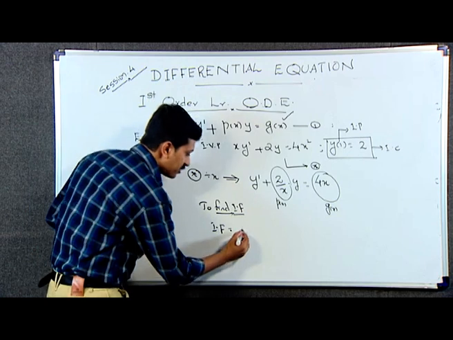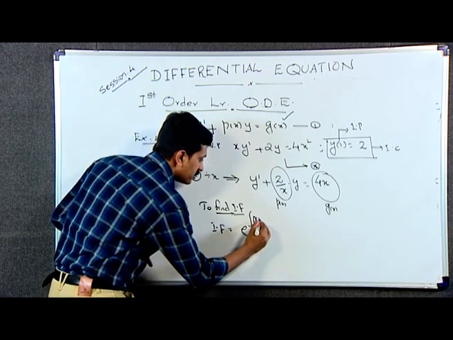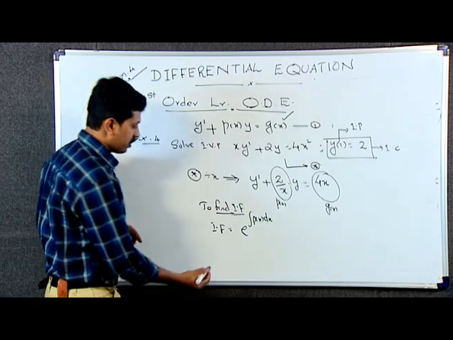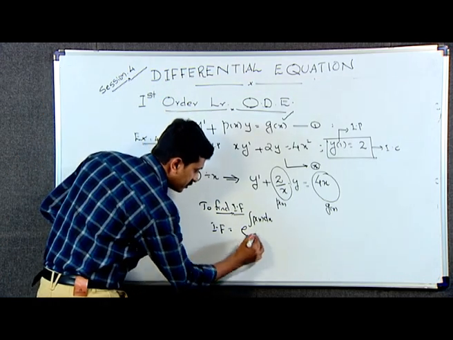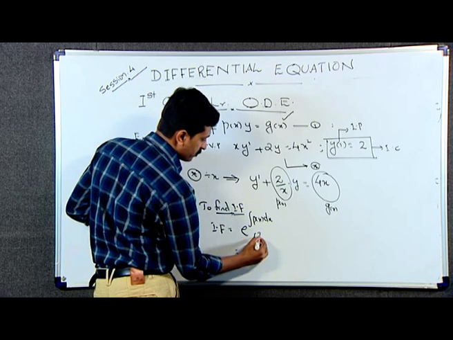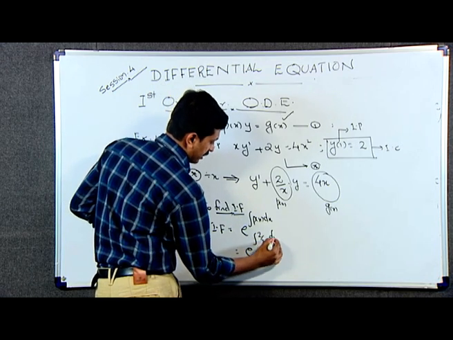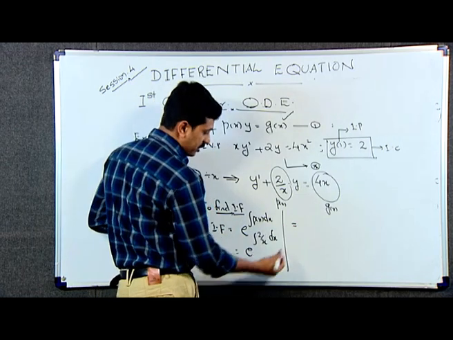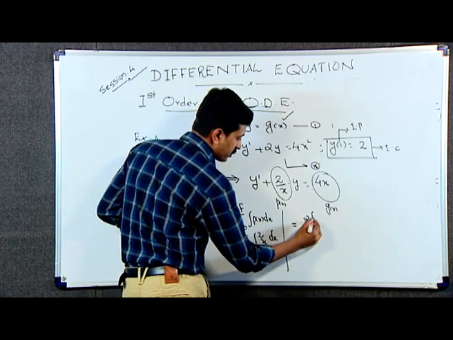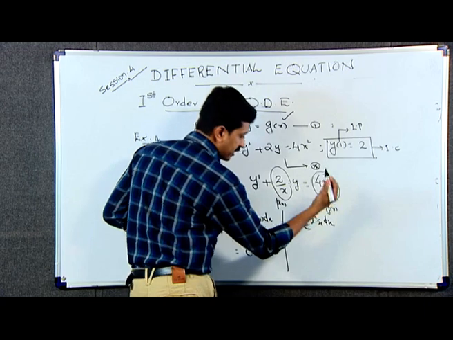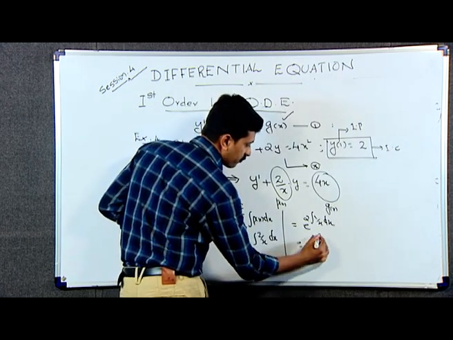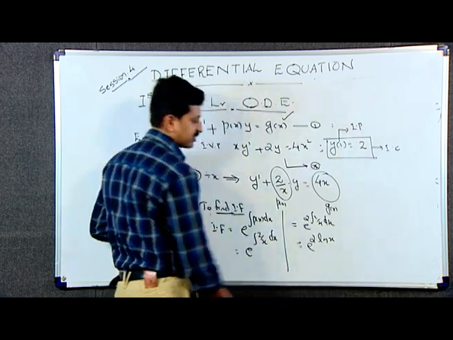Integrating factor is equal to e raised to integral of p of x dx, which is e raised to integral of 2 by x dx, which is e raised to 2 into integral of 1 by x dx, which is e raised to 2 log x.